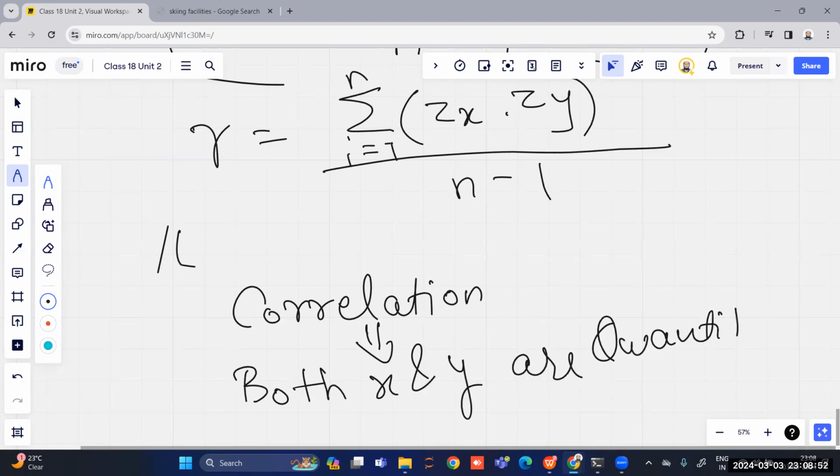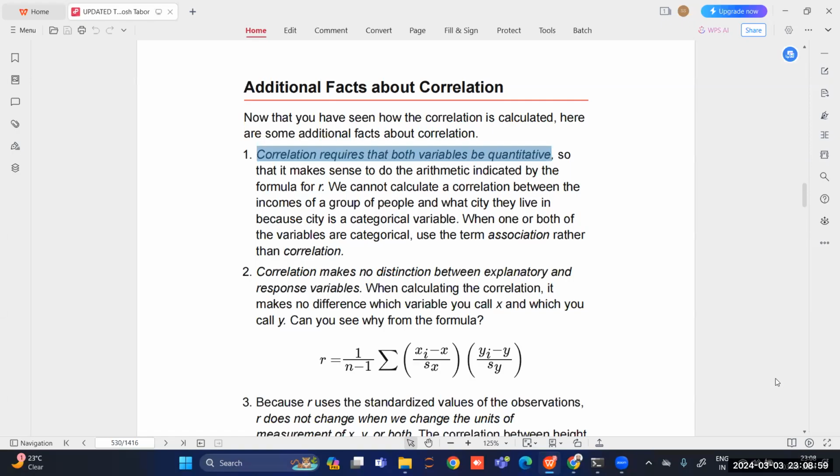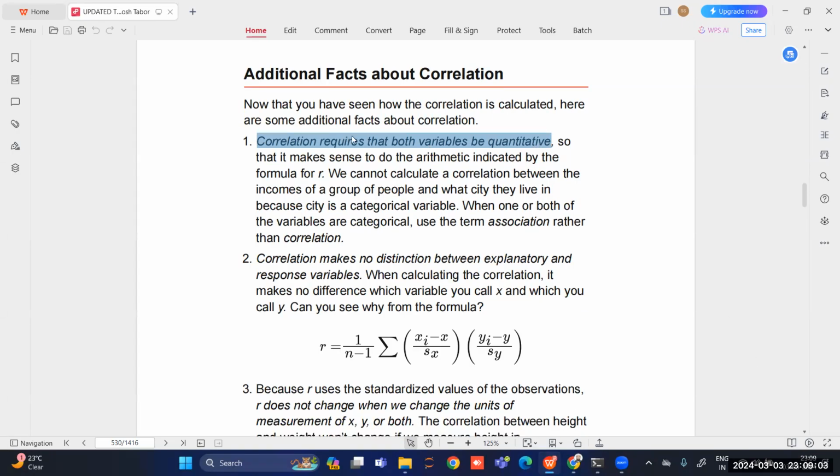This is the first condition, so that it makes sense to do the arithmetic indicated by the formula for r. Since the formula for r is numerical, it is very important for the variables to be numerical.